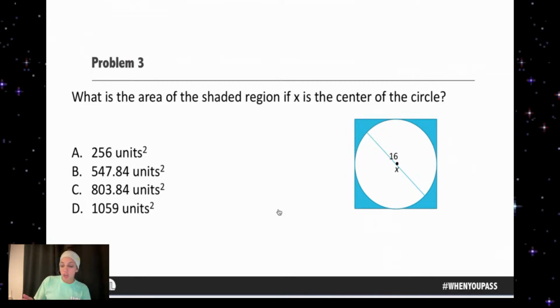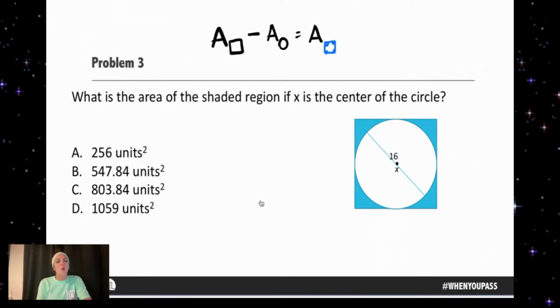But what I do know is, in my planning process here, I need to find the area of the square, and then I need to subtract the area of the circle, and that will give me the area of the shaded regions.